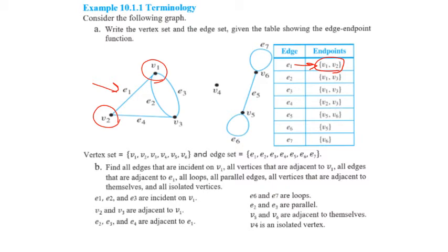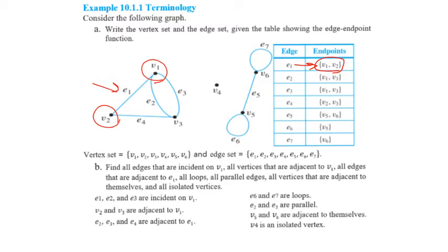However, edges E6 and E7 are a little bit different because they only have one vertex in their sets of endpoints. Why? Because E6 connects V5 to itself, so it's a loop, and E7 connects V6 to itself, so they both have one vertex in their sets of endpoints.